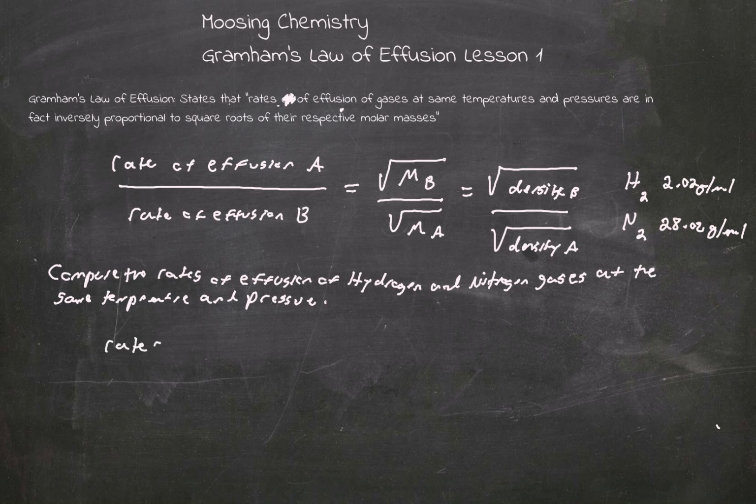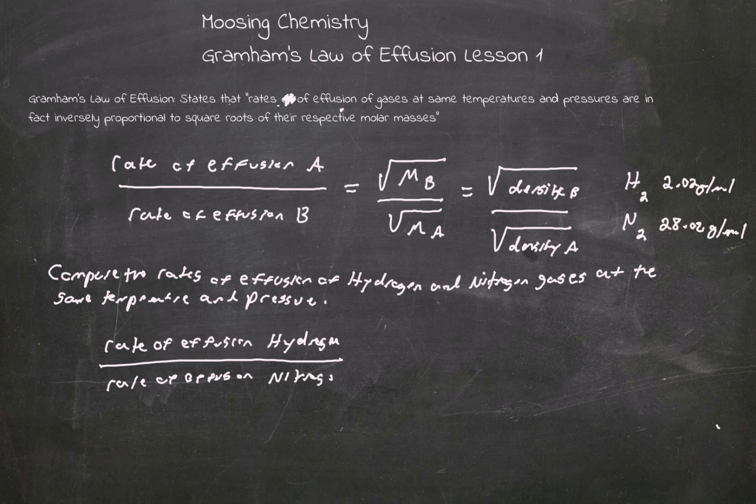So the rate of effusion of the gas hydrogen goes on top, and the rate of effusion of nitrogen on the bottom, which means that with the inverse proportion, the molar mass of nitrogen is going to go on top, which, let's just call it 28, over the molar mass of hydrogen, which is 2.